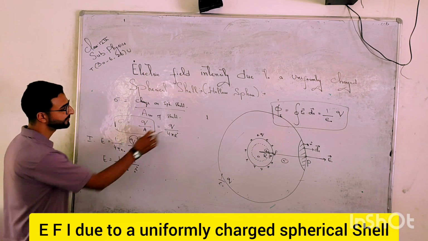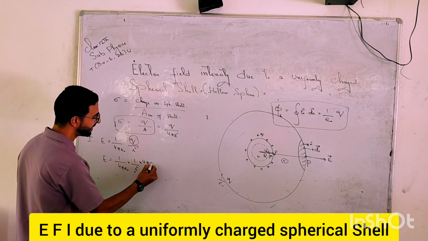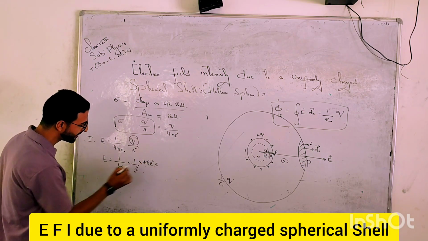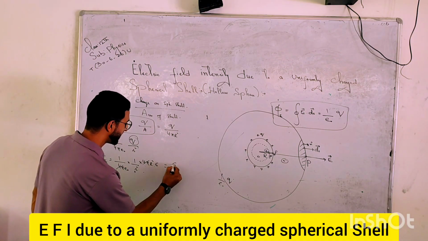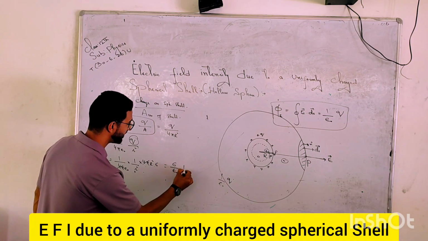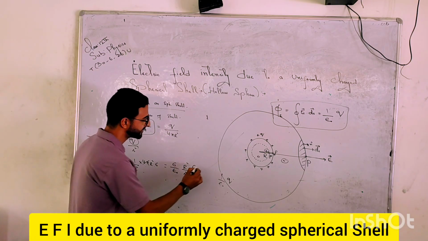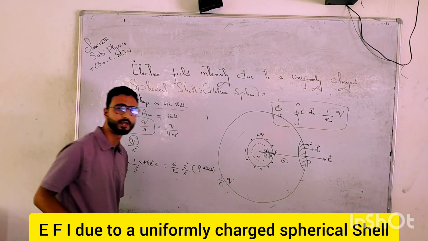What is the charge on the spherical shell in terms of sigma? It is 4 pi r square sigma. So 4 pi and 4 pi will cancel out. So here we have sigma divided by epsilon naught times r square by R square. So this very case is for the point P that lies outside the spherical shell.